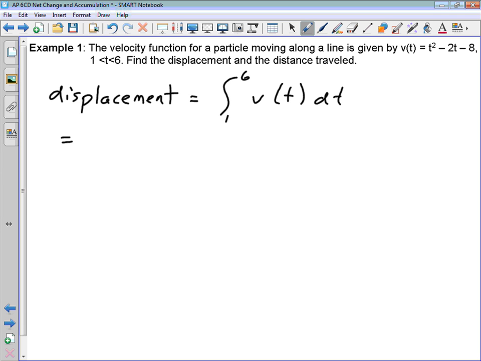This comes from our net change theorem. The net displacement is the net change in our position, so we are integrating our velocity function over our two intervals. So we want the integral from 1 to 6 of our velocity function t squared minus 2t minus 8, and we're integrating this whole thing over t.